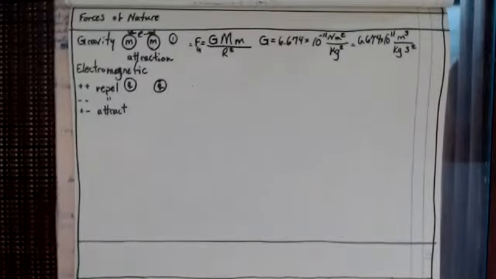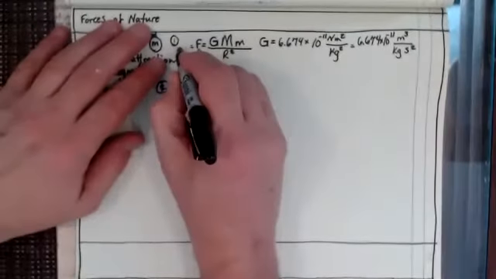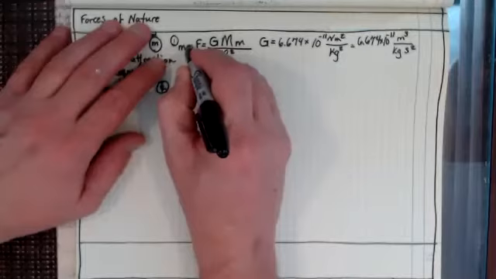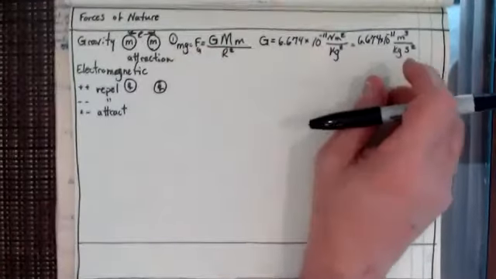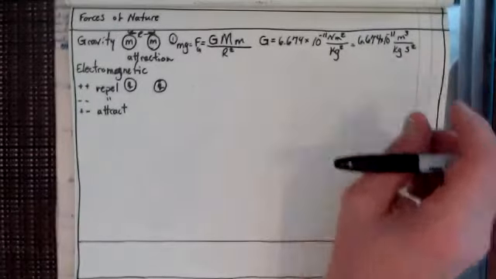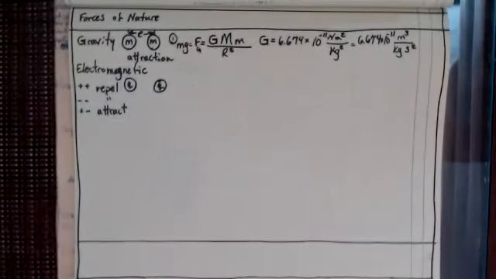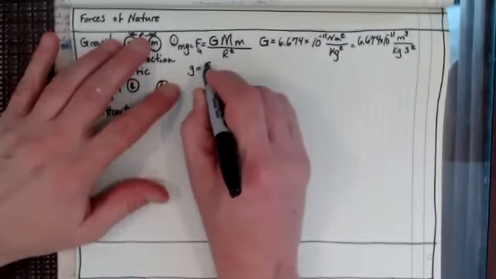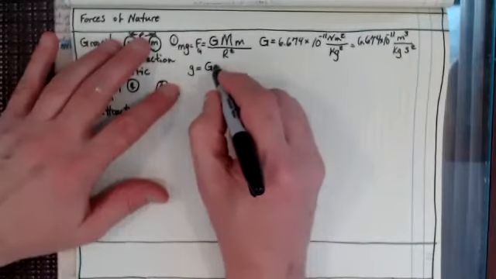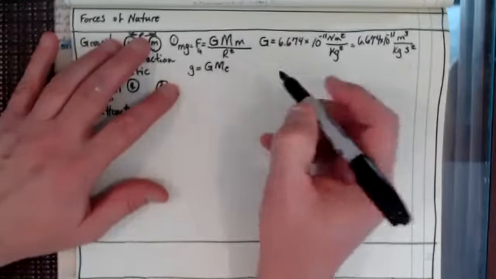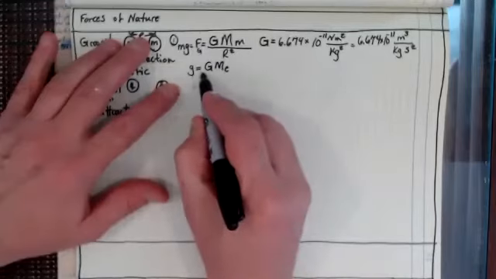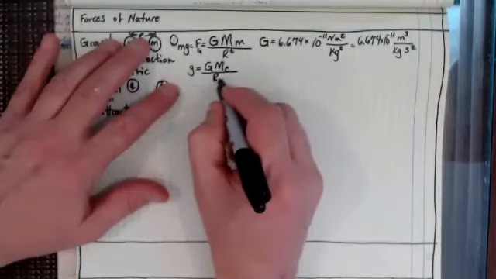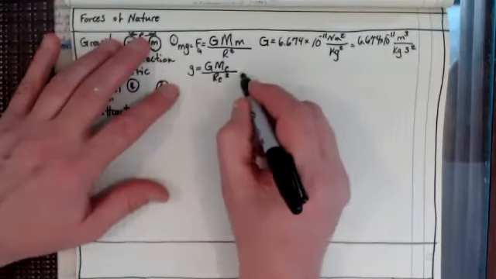And in this case, at the surface of the Earth anyway, let's just talk about the surface of the Earth, this would be m times g, right? M times g. So if I wanted to simplify that a little bit, I could say that g equals Newton's gravitational constant times the mass of the Earth, we're talking about at the surface of the Earth, divided by the radius of the Earth squared.